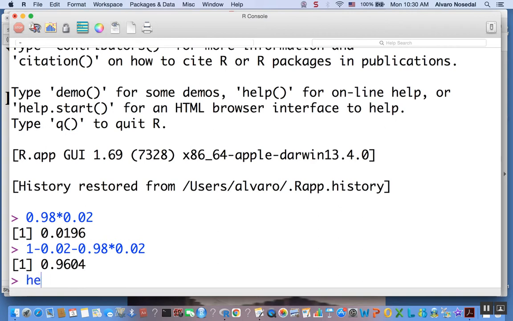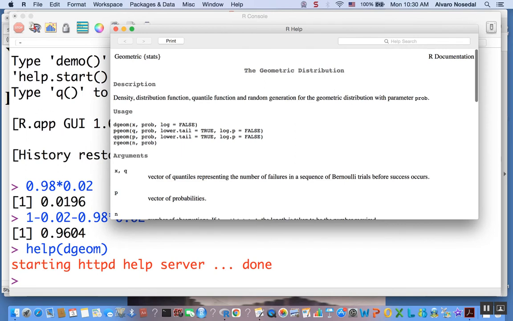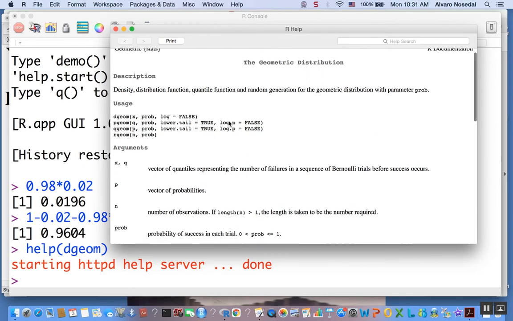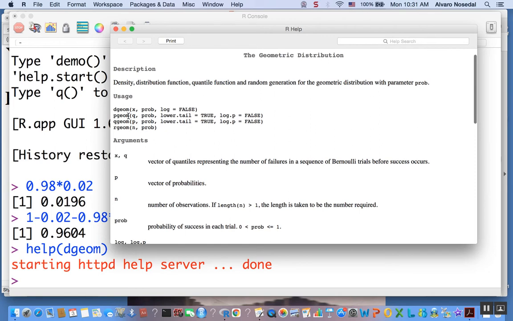Let me type help dgeom. That is going to show you the information about dgeom, which would be the probability mass function. pgeom would help you evaluate the CDF, and rgeom, for instance, would help you generate random numbers coming from a particular geometric distribution.